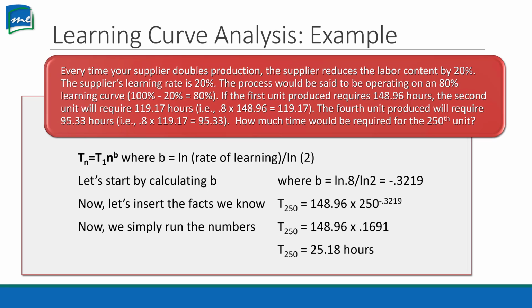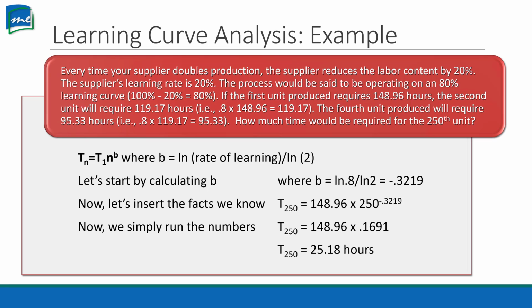So it's going to take 25.18 hours to go from our 249th unit to our 250th unit. That's a pretty good difference when we look at it took 148, let's just say 149 hours for our first unit, and our 250th unit is taking roughly 25 hours to complete.